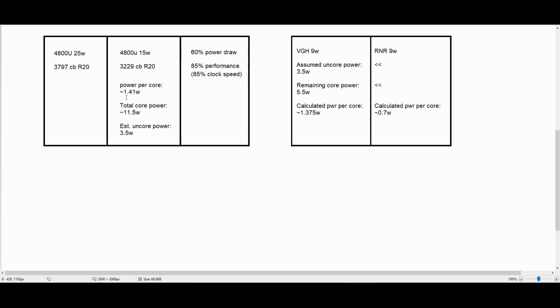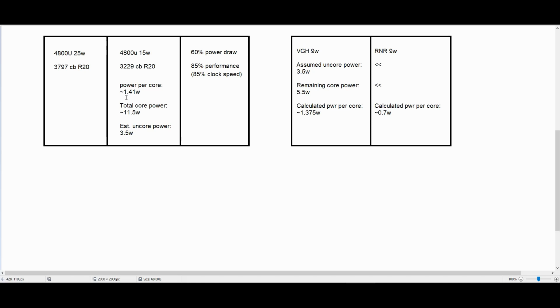So going into these numbers, basically what I took was I looked at some of the reviews for the 4800U, and TechSport has some useful numbers where they've tested it both in the 15 watt and the 20 watt power configuration, and the benchmark I chose for this was just Cinebench R20, and the reason I chose this is it's a relatively consistent benchmark for looking at the performance at different clock speeds, because it just scales very consistently.